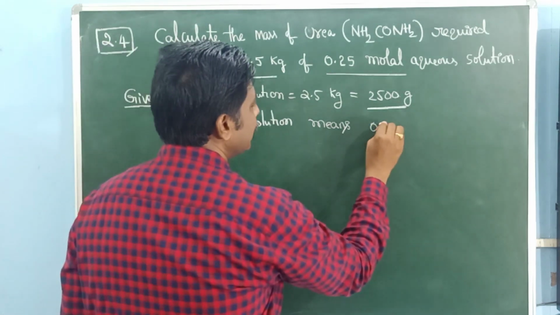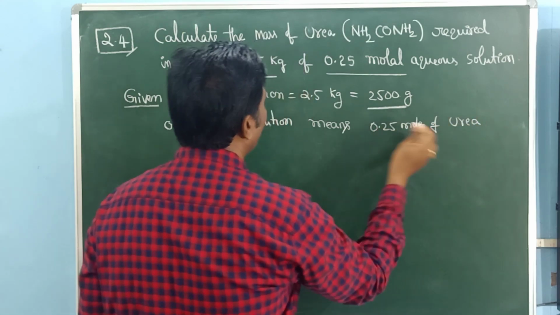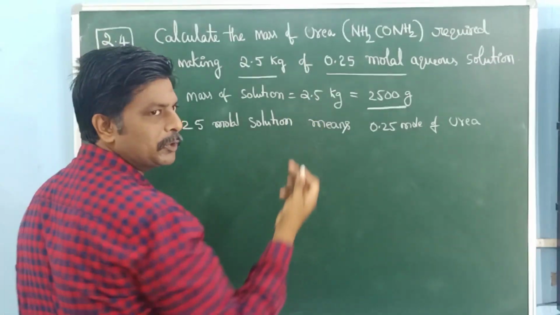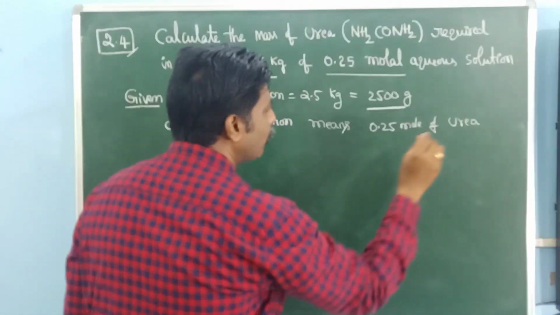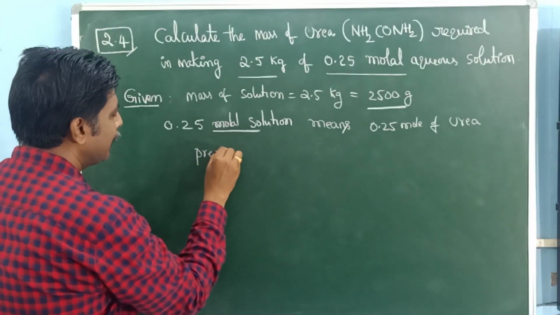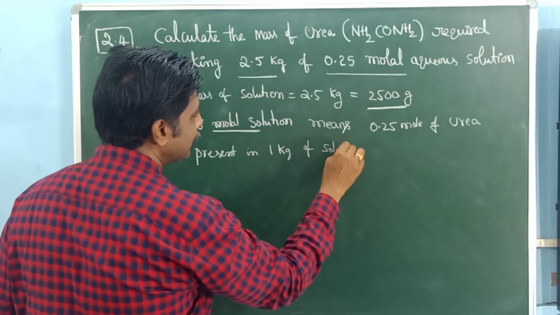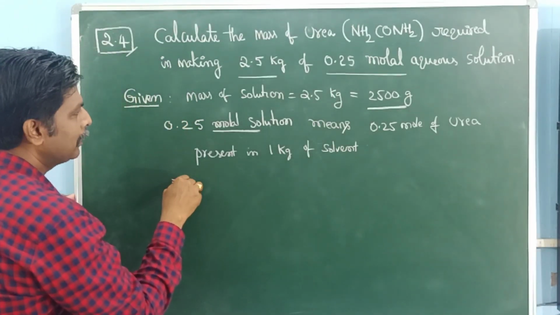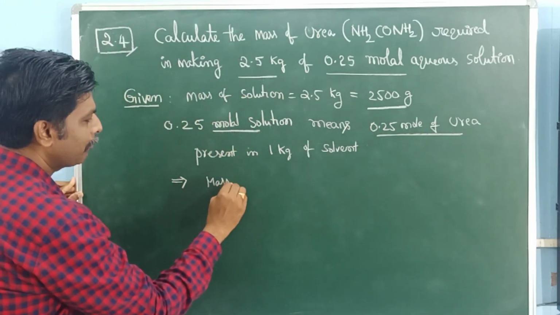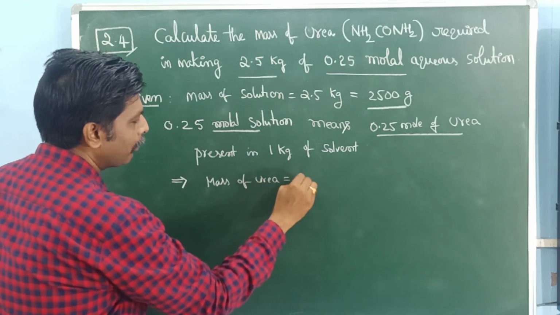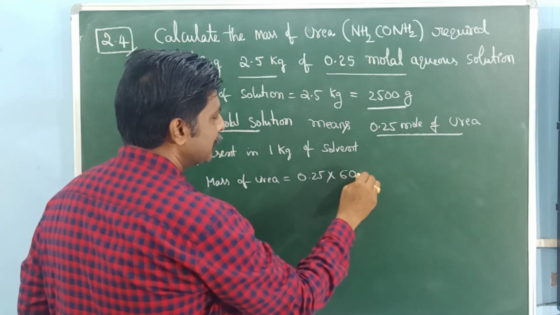That means 0.25 mole of urea, 0.25 mole is the number of moles of solute. Here the solute is urea. So 0.25 molal solution means 0.25 moles of urea present in 1 kg of solvent. That means mass of urea is 0.25 mole into molar mass of urea, 60 grams.